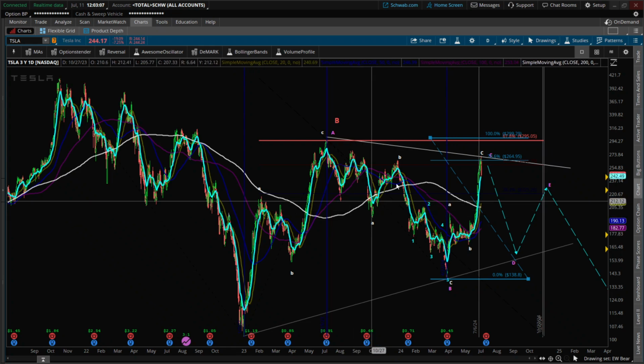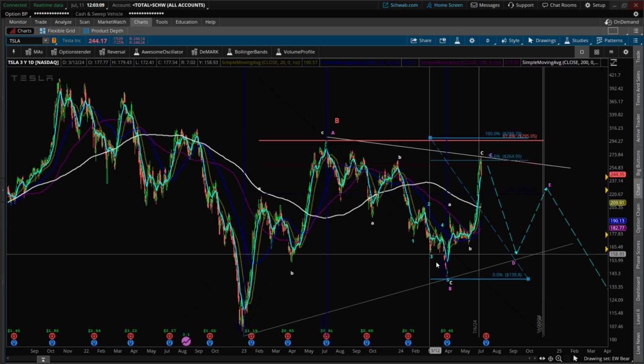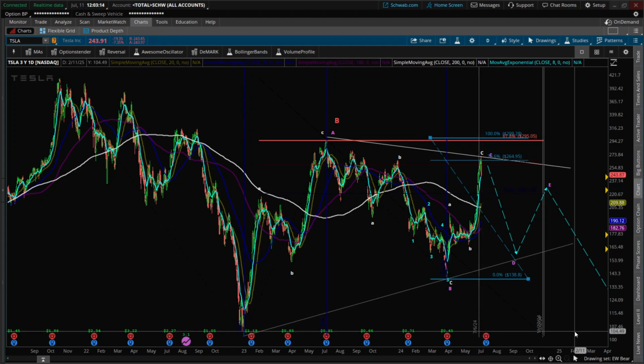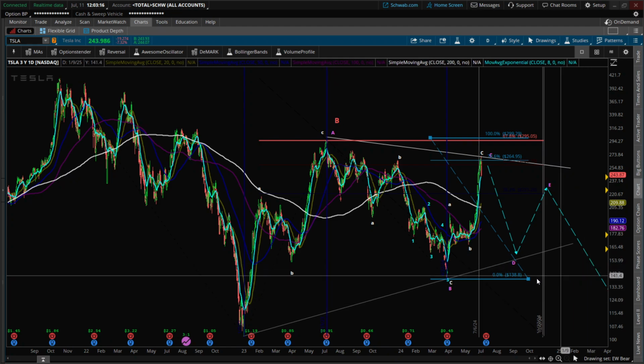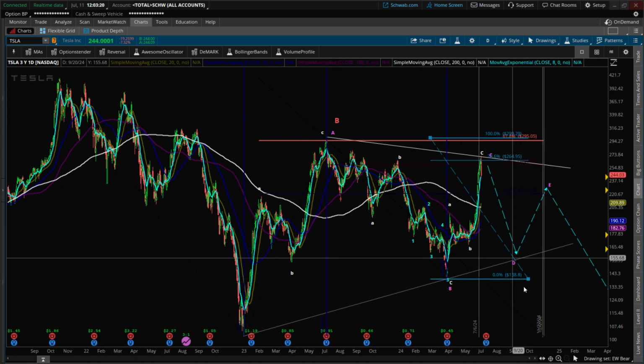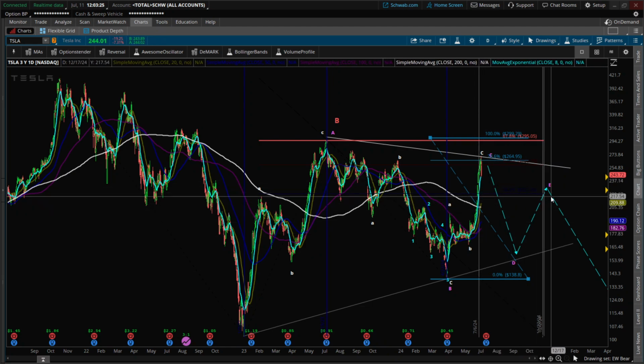I think this is a clear 3-wave move, so that would be a 1, a 2, and you get a wave 3, but wave 4 could possibly cross back over wave 1 if price action continues to the downside and does not go sideways more.